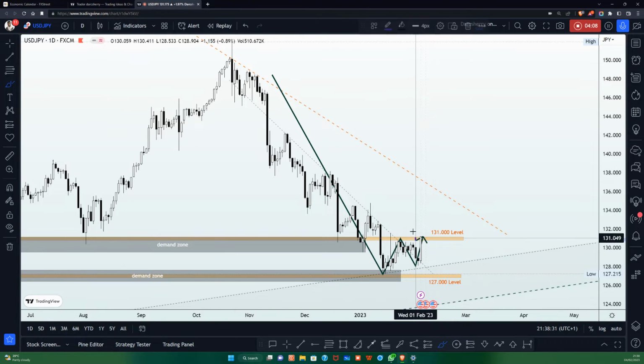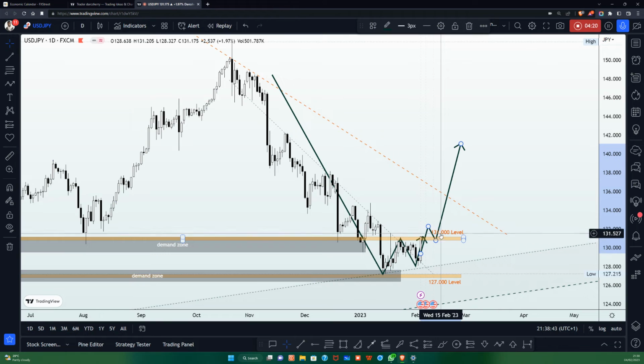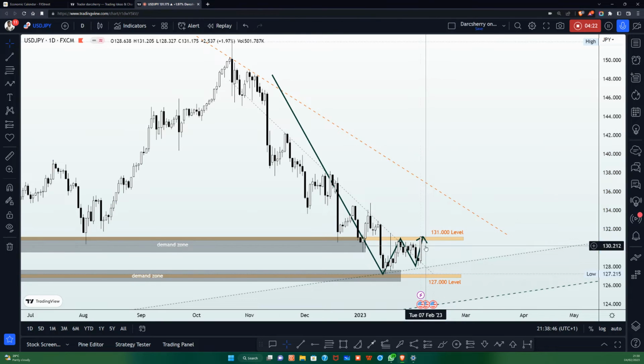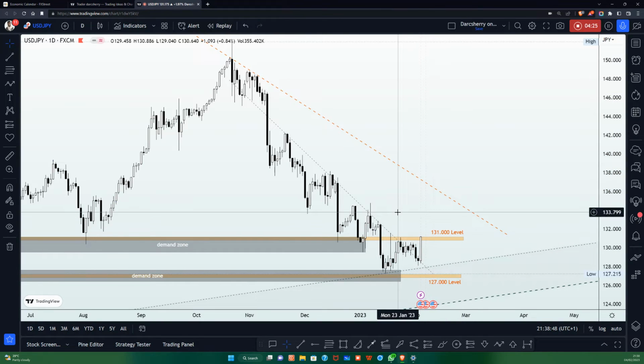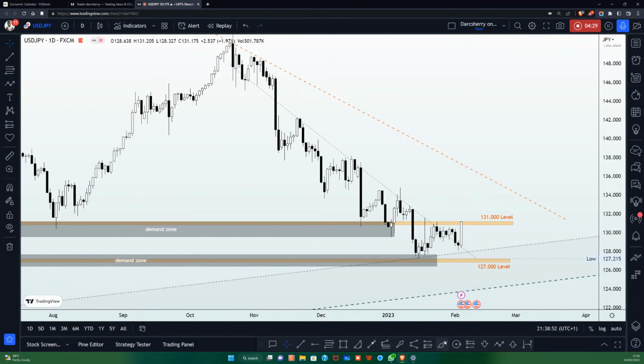For this pattern to be mature and due for confirmation, we want to see an outright breakout of the 131 level, probably a retest of the structure, to incite a possible bullish momentum at this point.